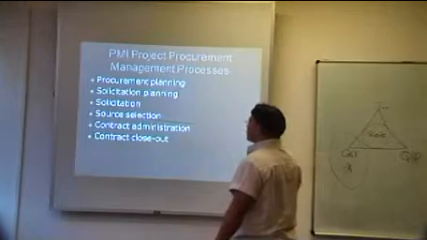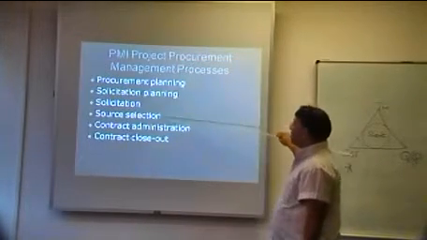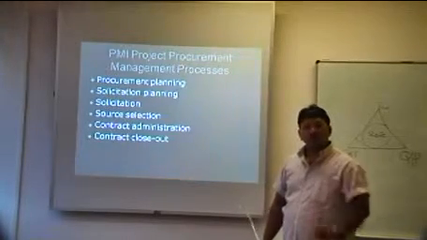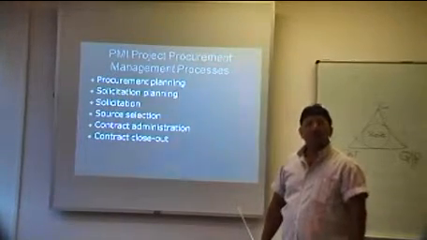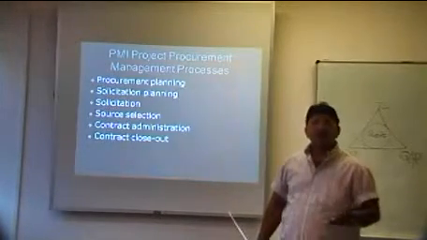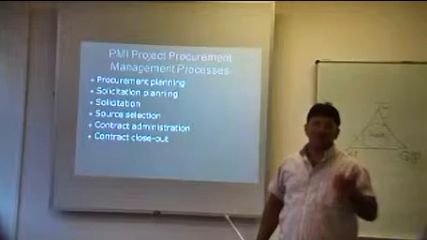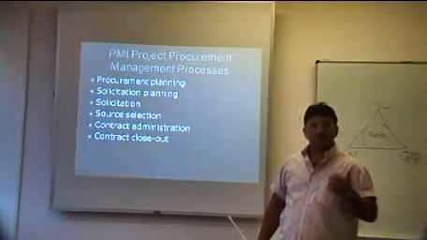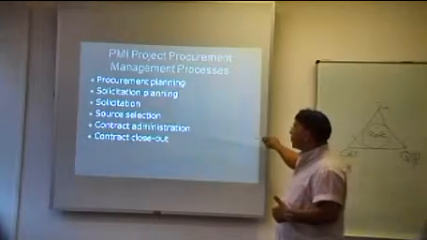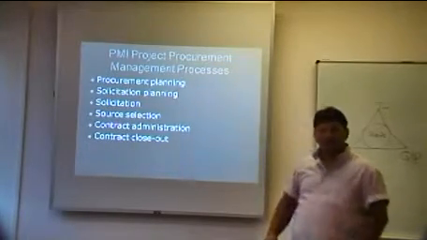Then, after the source has been selected, obviously you're going to have a contract. You will go into contract negotiations. You will negotiate the contract with price, etc., and certain terms and conditions and clauses that are built into the contract. Based on that, you will start doing contract administration.